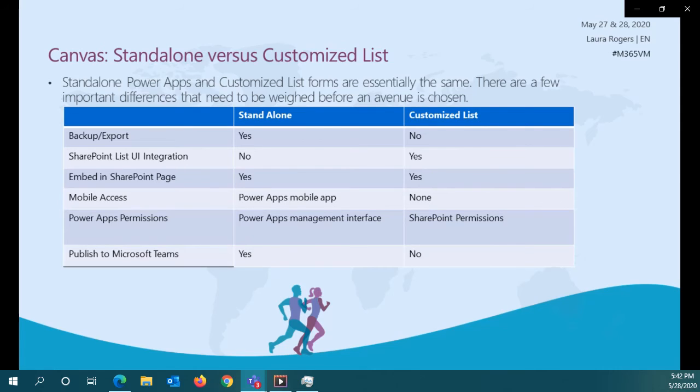You can also, when you open the Teams mobile app and you go to that tab, interact with the customized list form there. And in the SharePoint app, not in the Power Apps mobile, but the SharePoint mobile app, you can go to that SharePoint list that's customized, and when you open the form, create a new item, or edit, you will be using the Power App. So those are a couple of ways to get around those issues that I listed in the negatives.